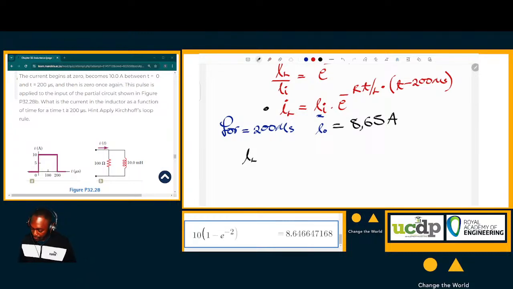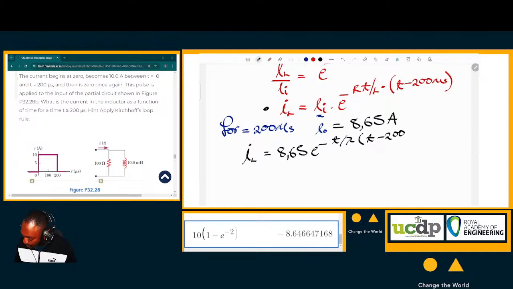Then we can substitute in this equation, which means our current through the inductor will be equal to 8.65 exponential negative, we can change all that to be t over tau, times t minus 200 microseconds, and we can simplify this as 8.65 exponential negative 10,000 t.